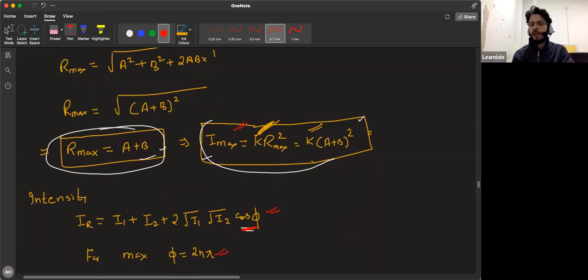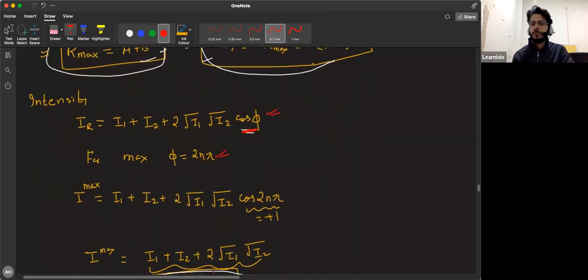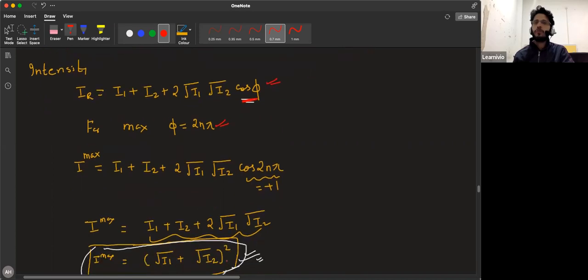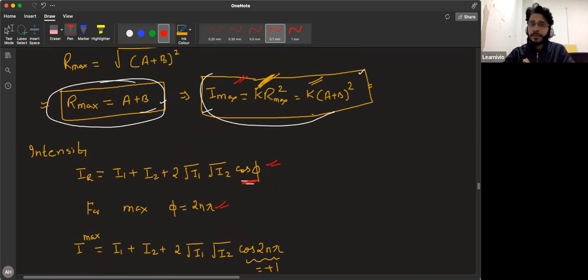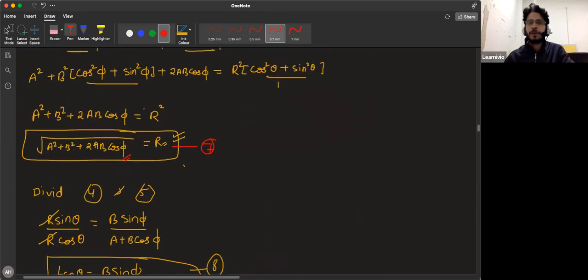Means you put φ equal to 2nπ. Then it will be cos 2nπ, which is 1. So it's I1 plus I2 plus 2 root I1 I2. And what is that? That's (root I1 plus root I2) whole square. So this is the maximum intensity in terms of individual intensities, and this is the maximum intensity in terms of the amplitudes.